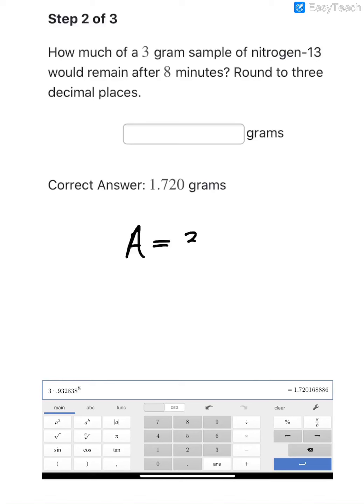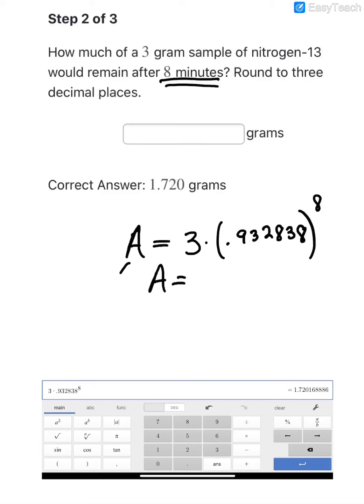We're starting with the 3-gram sample, and we're going to multiply it by the little a that we found in the previous problem, 0.932838. In this case we're looking at 8 minutes, so we raise that to the power of 8. At this point it's just a matter of punching it out on my calculator, which I did down here on Desmos.